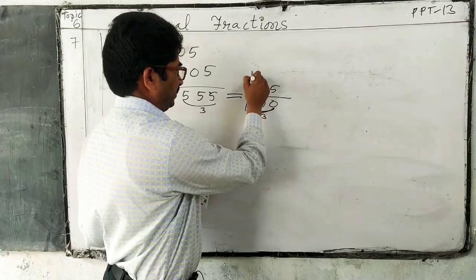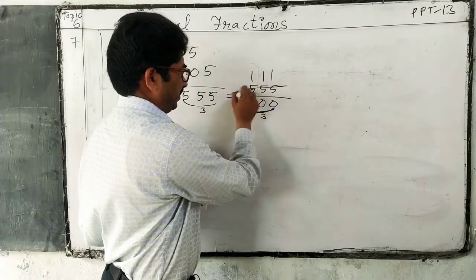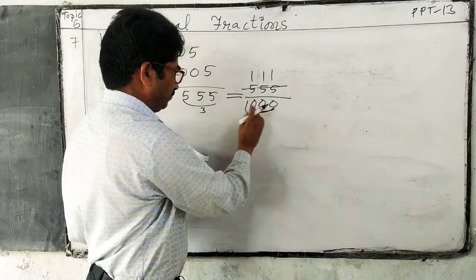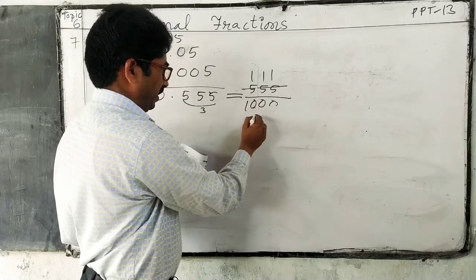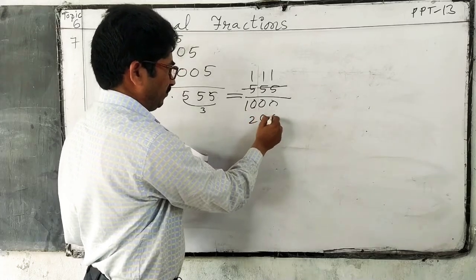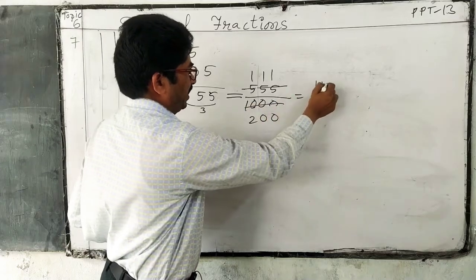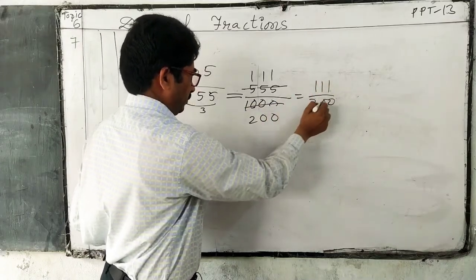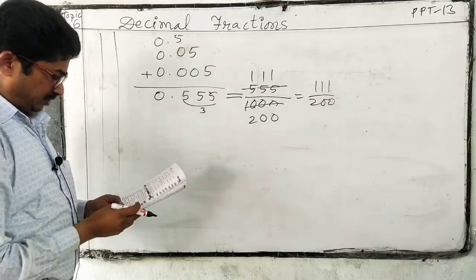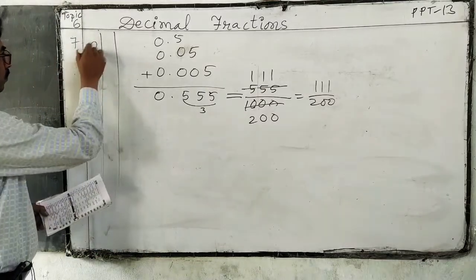Now simplify this. 5 ones are 5, 5 twos are 10, 5 zeros are 0. 111 by 200. So correct option is 2.